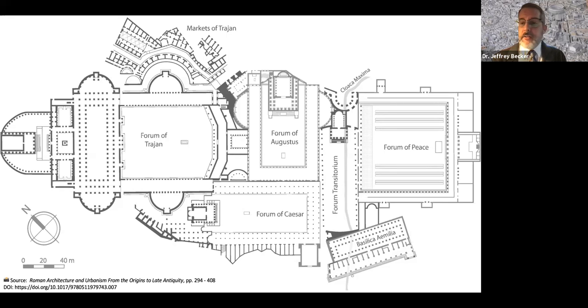The Forum of Trajan is not only the latest in date, but it is also the largest in terms of the amount of area it covers, and indeed is one of the most opulent monumental squares in the ancient city.